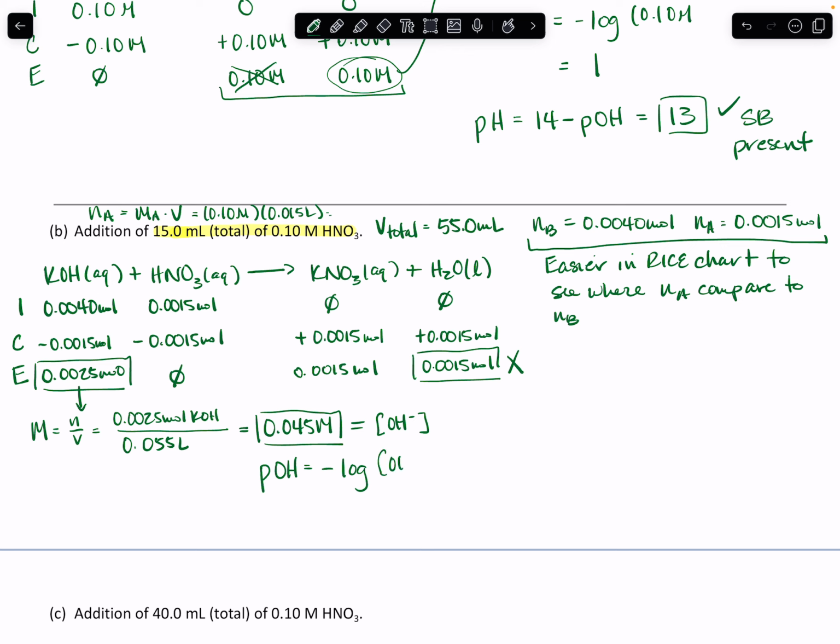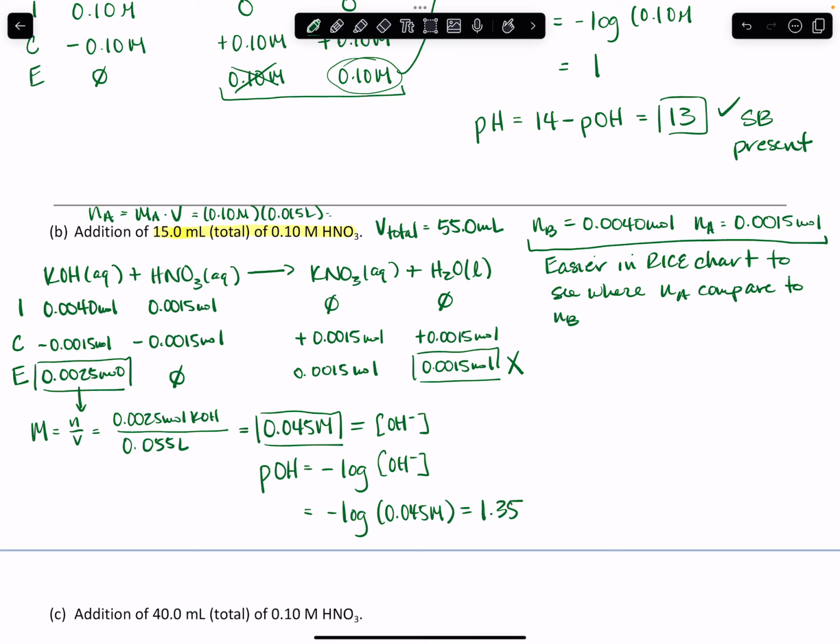So the negative log of the concentration of OH minus, the negative log of 0.045 molar. So I get a pOH value here of 1.35, but I need the pH. So it's 14 minus that pOH value, which is going to be equal to 12.65.